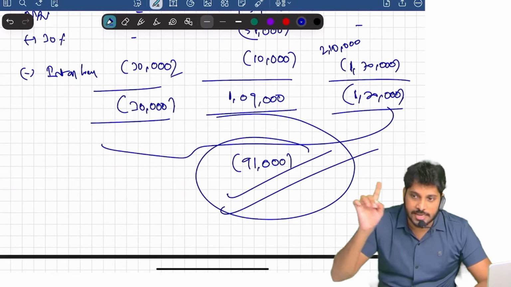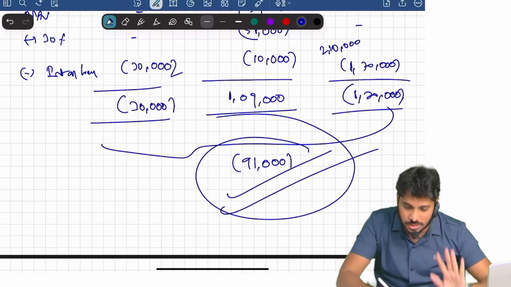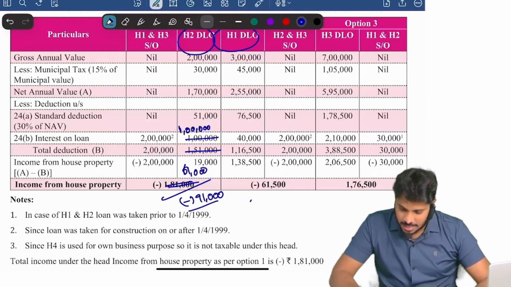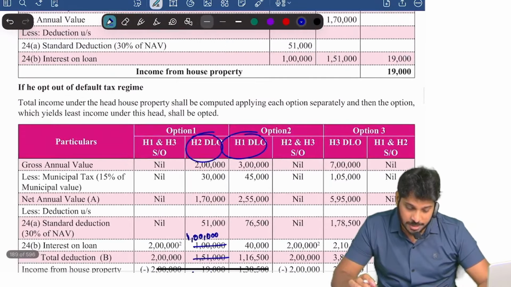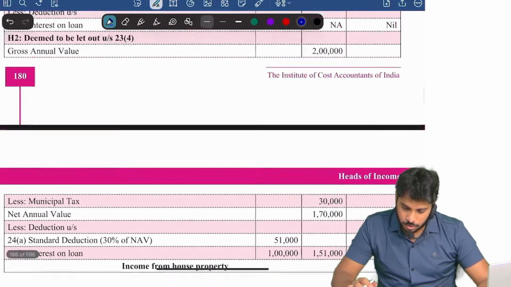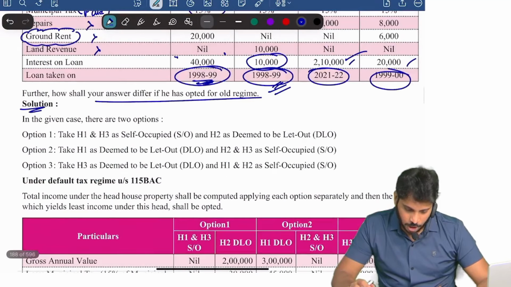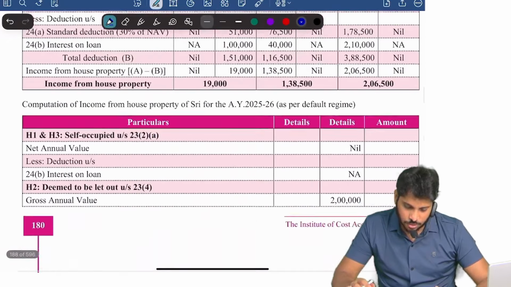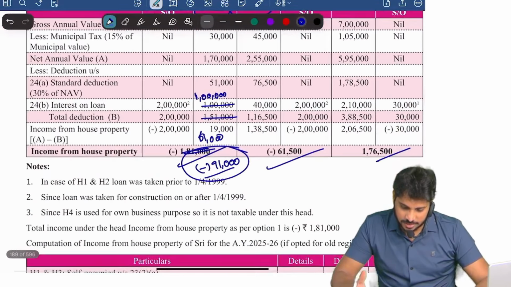They took interest amount 1 lakh wrongly in house number 2. In the question it is only 1,10,000 which is given. Correct? That's it. Remaining options, our answers are correct. Lowest option, house 2 DLOP, is the best option. Correct? So what is the best option? Did they give a conclusion? I think final answer they gave no. That's why. Final answer they gave no.